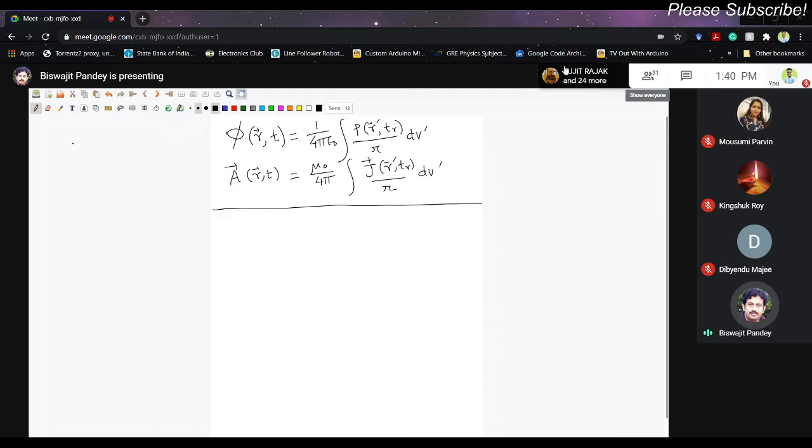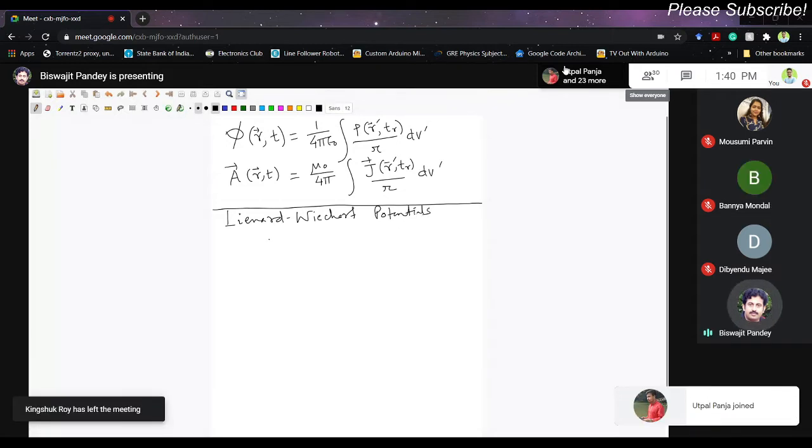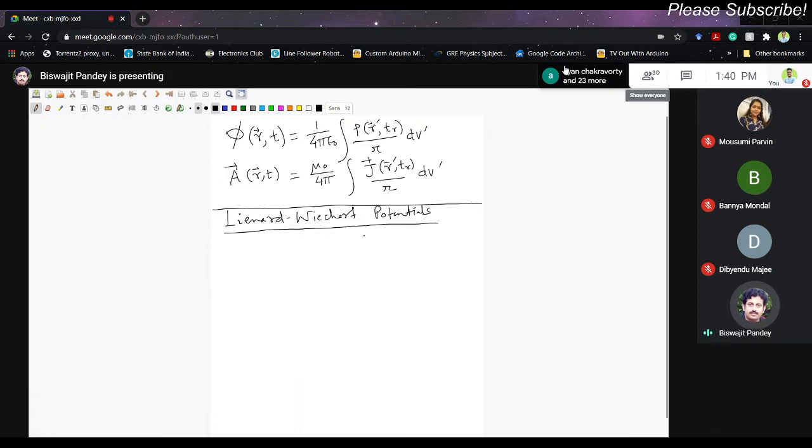And we shall calculate the potential produced by this point charge at some arbitrary point, so let us draw the picture. We shall discuss the Liénard-Wiechert potentials. Liénard-Wiechert potentials are just the name of the potentials produced by a moving point charge.